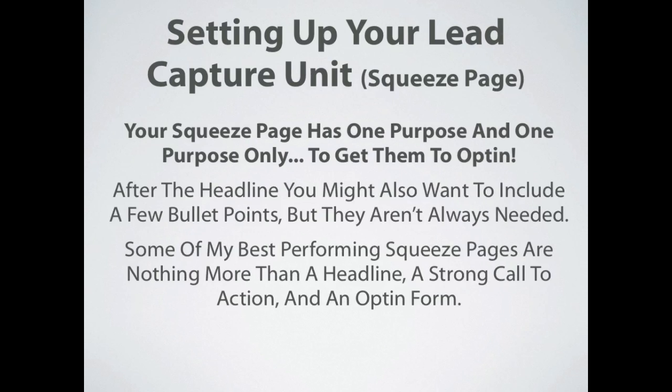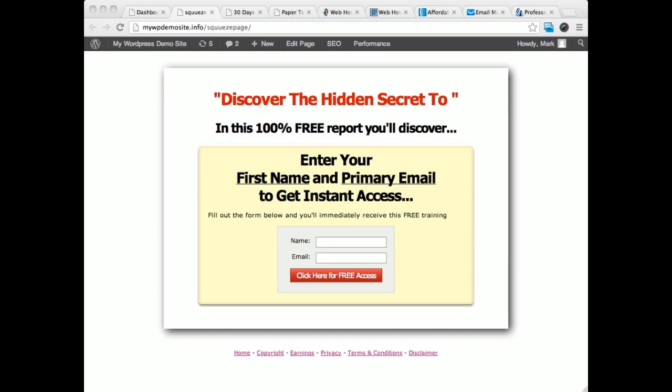Now, after the headline, you might also want to include a few bullet points, maybe a subhead. Bullet points are always needed. Some of my absolute best performing squeeze pages are nothing more than a headline, a strong call to action, and an opt-in form. Something like that would be like this. I'm using that paper template WordPress theme that I told you about to set up a squeeze page.